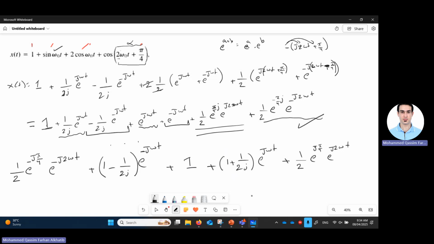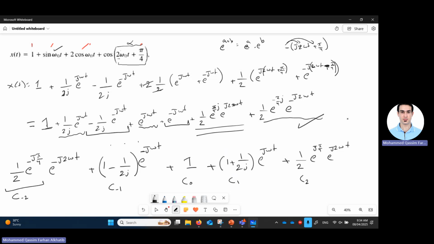All right, so what's next is to find the coefficients. Now, by looking at the exponents, you'll find this term is c of -2. This is c of -1. This is c of 0, c of 1, c of 2. Why? This is j2 omega t.